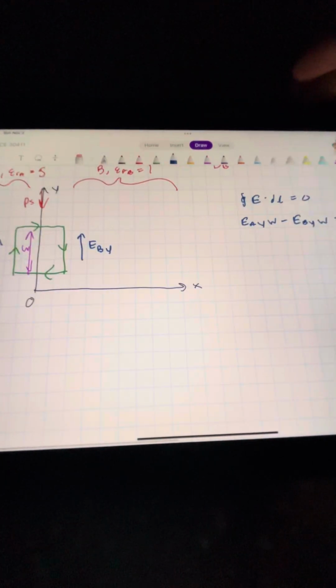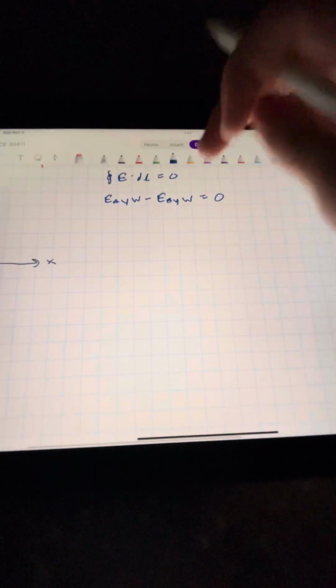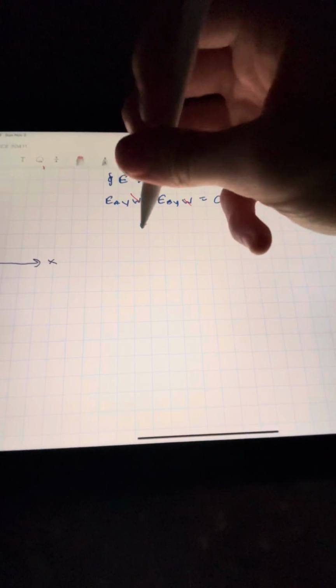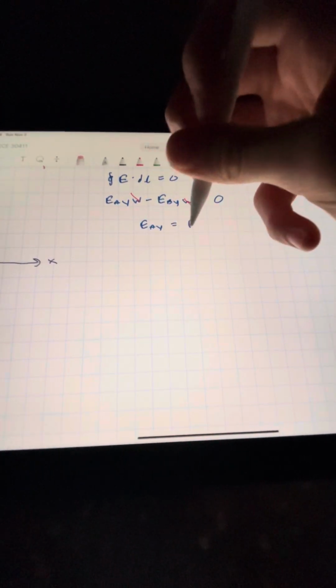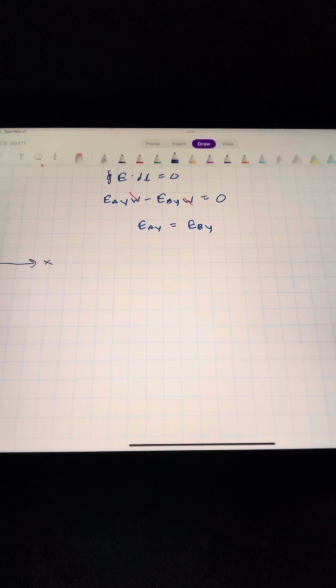We're subtracting E sub By because it is running opposite to the direction of the loop. If we divide by W, we get that E sub Ay equals E sub By, which shows that the tangential component of E is continuous across the interface.